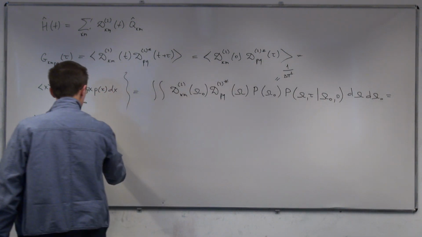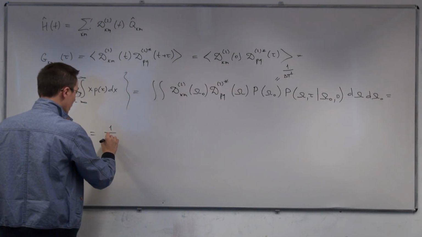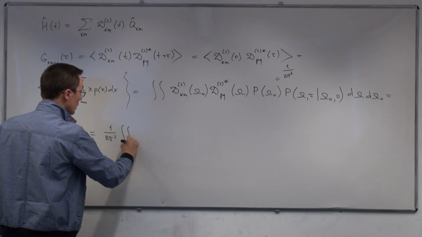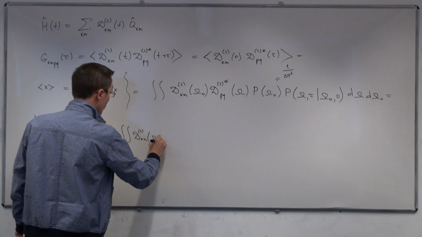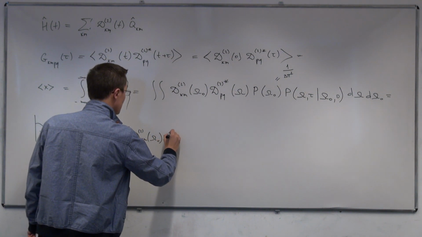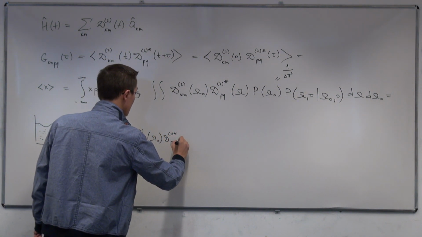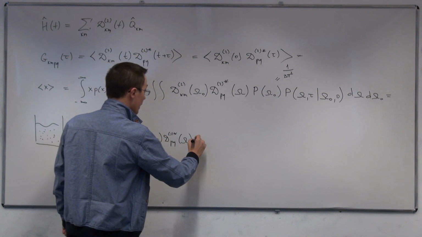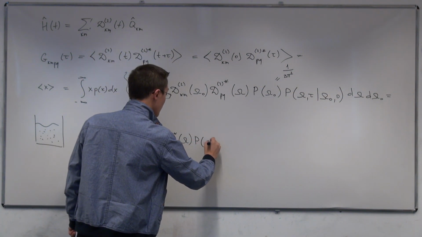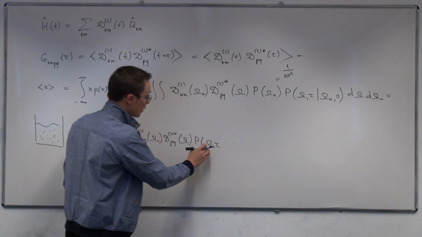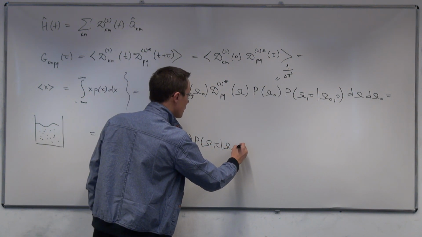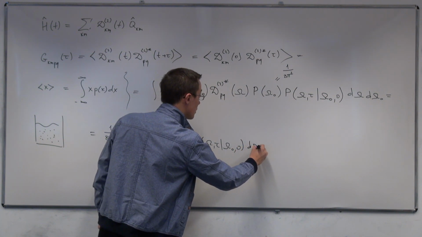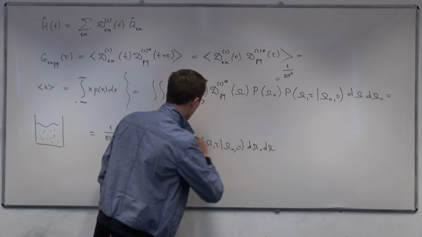So we'll just rewrite it in here: 1 over 8 pi squared, double integral d omega 0 d omega, D2 star pq of omega, and then this probability of the system being at omega at time tau, having been at omega 0 at time 0.